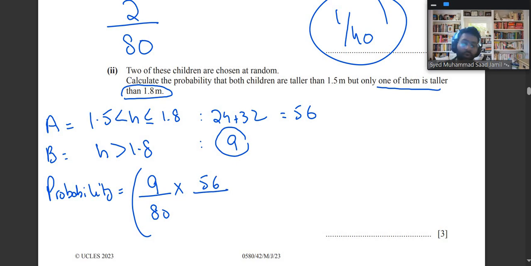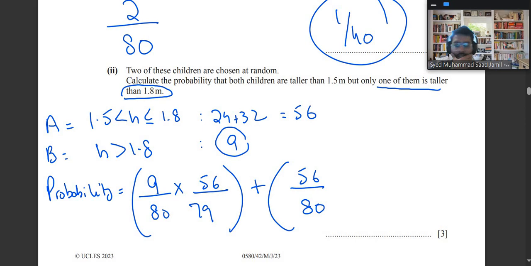And since we already took one child out, this will become 79. And add it with the opposite possibility that first you chose a child that is between 1.5 and 1.8, which is 56 upon 80. Then you chose a child that is taller than 1.8, which is 9 upon, there are 79 children now.